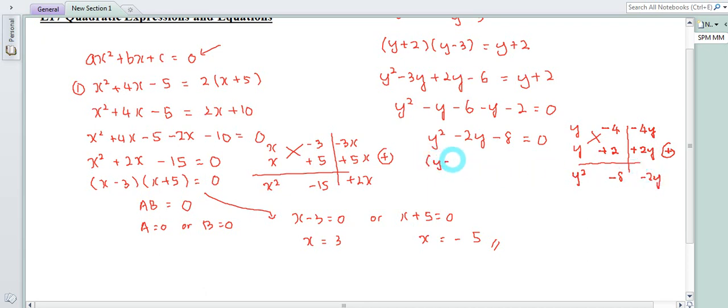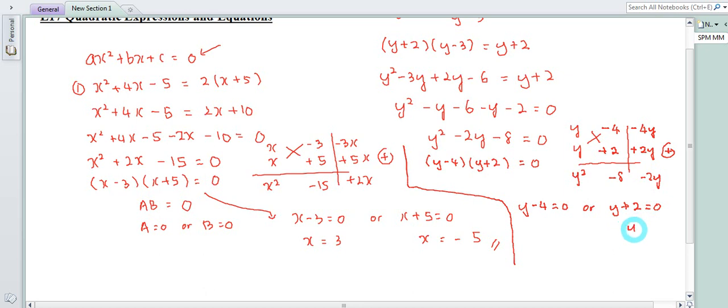So y minus 4, y plus 2 equals 0. Now same step again. Y minus 4 equal to 0 or y plus 2 equals 0. And y is equal to negative 2 or y is equal to 4.